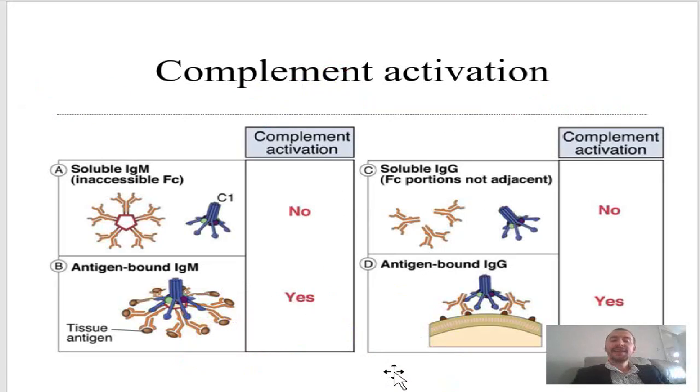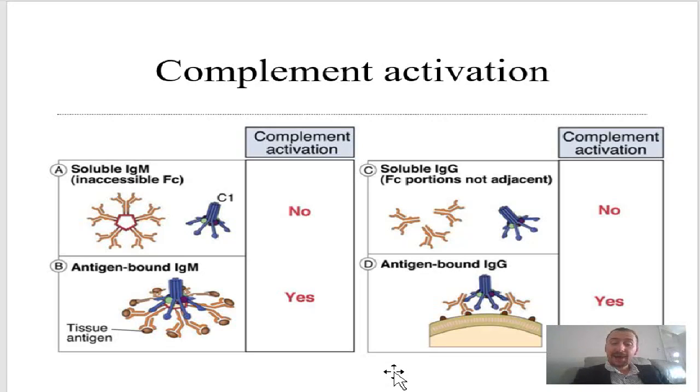Okay, the next role for how antibody can contribute to immune response is through the complement activation process, the classical complement pathway. Generally what happens here is you have a soluble IgM complex which is not bound to the antigen, and in this conformation it won't activate complement, which is what we want. If there's no pathogen, we don't want that complement activation.